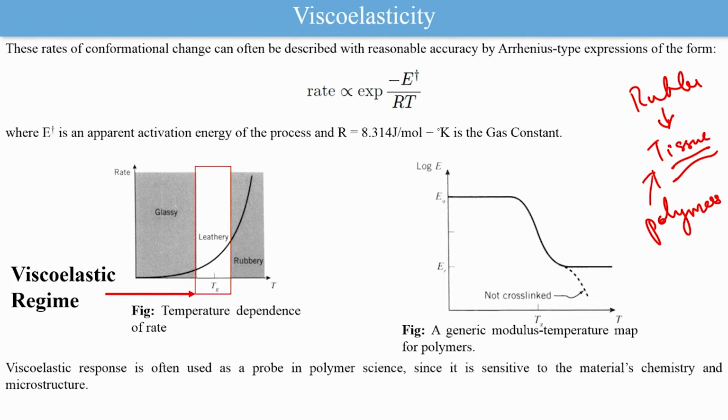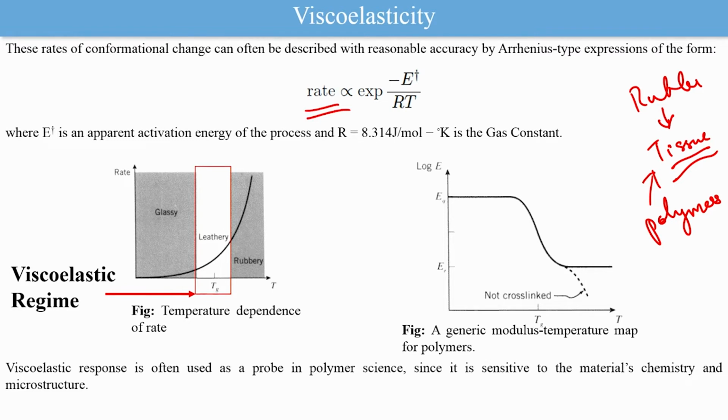And this is why we discussed all these behaviors of rubber so far. So this is the basic idea that I wanted to give. And the rate of conformation change that we discussed previously can be expressed using this Arrhenius expression as shown here.